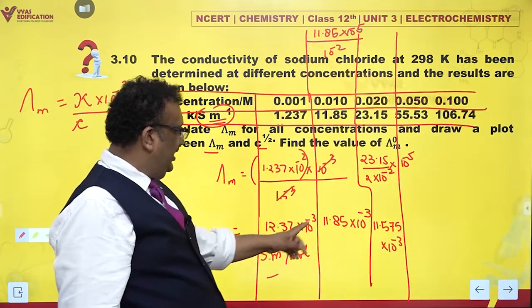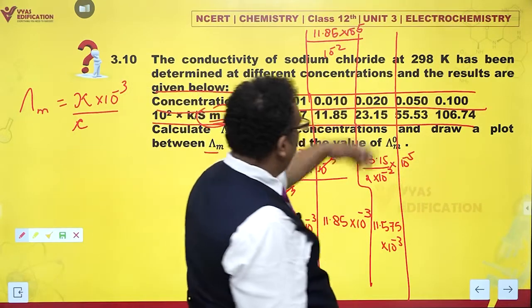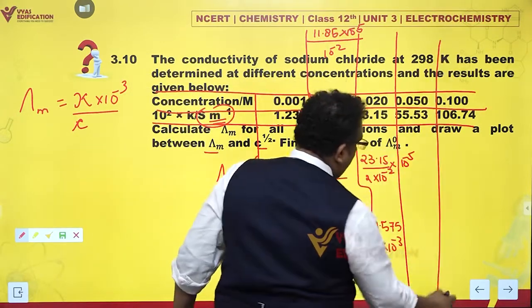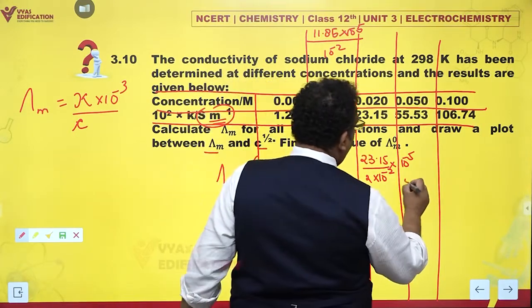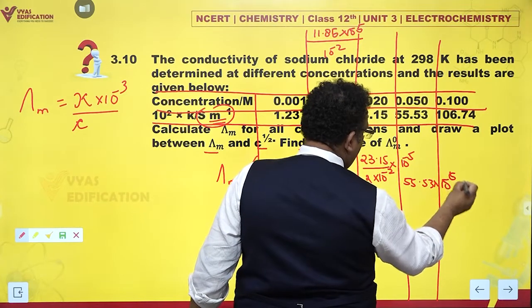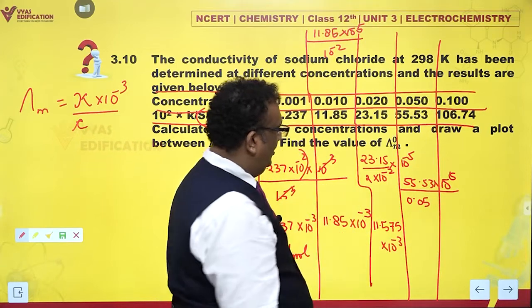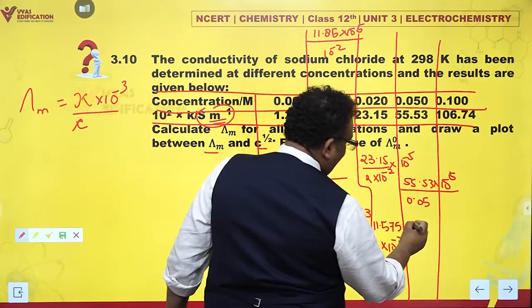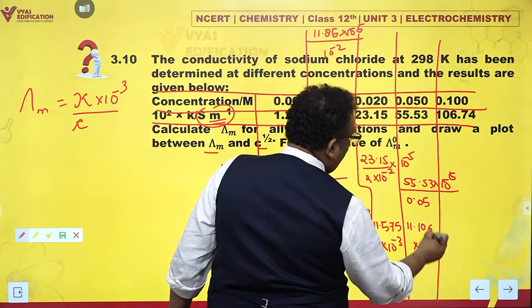From 12.37, 11.85, 11.575, it seems to be reducing. The next one and the next one, it's a very routine calculation. So this is 55.53 into 10 raised to minus 5 divided by 0.05. Fine, that is 11.106 into 10 raised to minus 3.